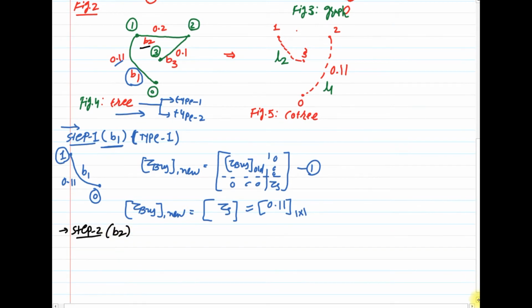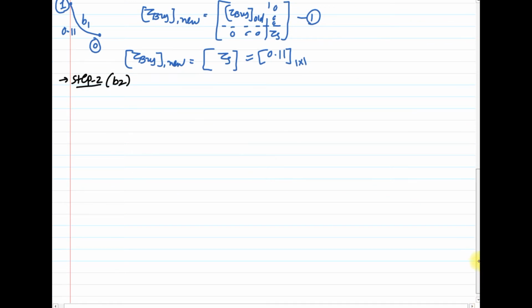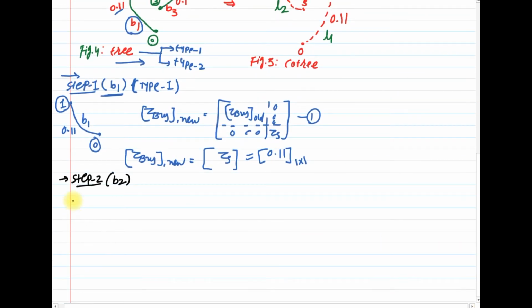Now let us consider the previous element, which is connected between the reference node and the bus number 1, where we have considered that the type 1 modification is applied over there.